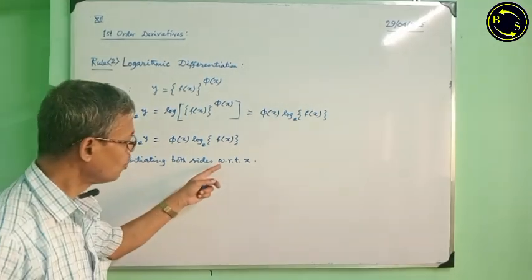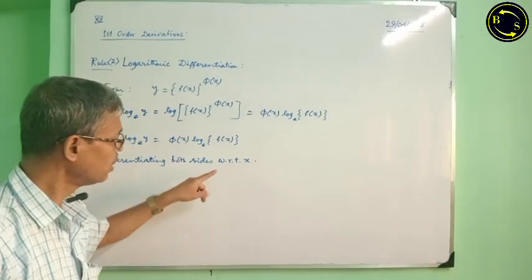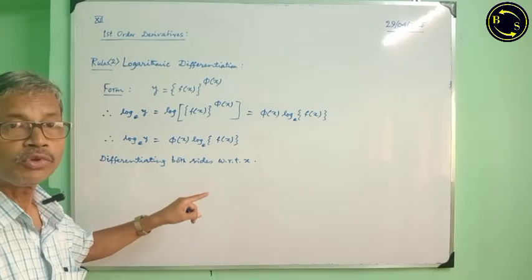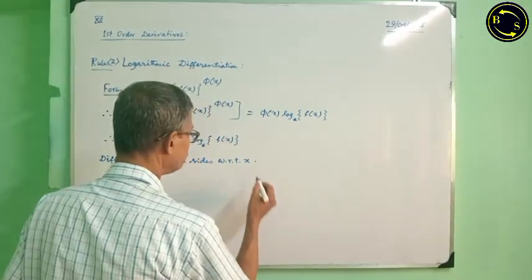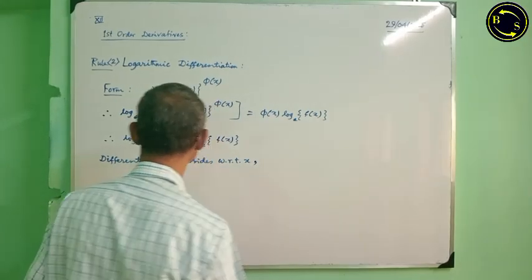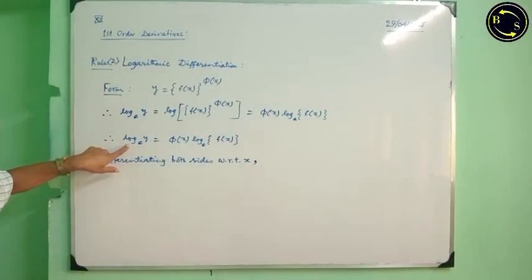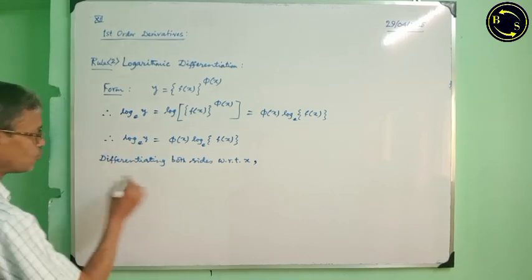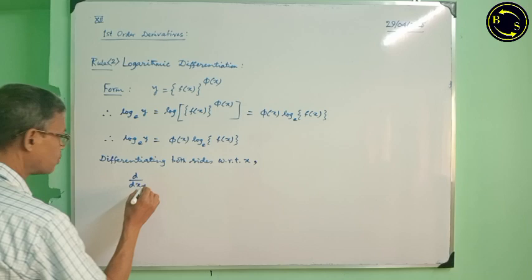Students, you note that with respect to is written in short form w.r.t. Now we find the left side is a function of y. Actually, I will write this step first.